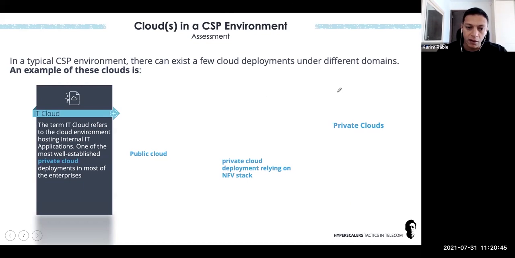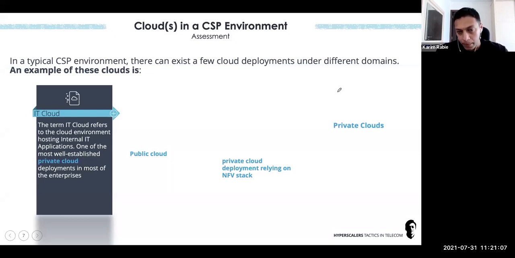The IT cloud is one of the oldest clouds that can exist in a CSP environment. This is the cloud that hosts the internal IT applications. Whenever you have an IT system, you commonly get this system onboarded and deployed in an IT cloud.